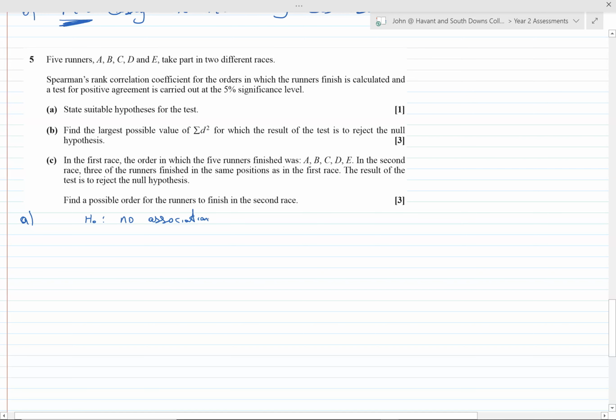between orders in race of these two types.